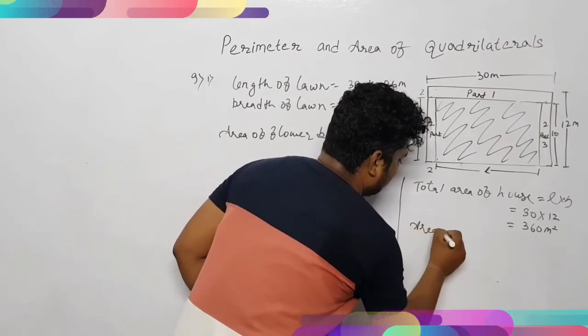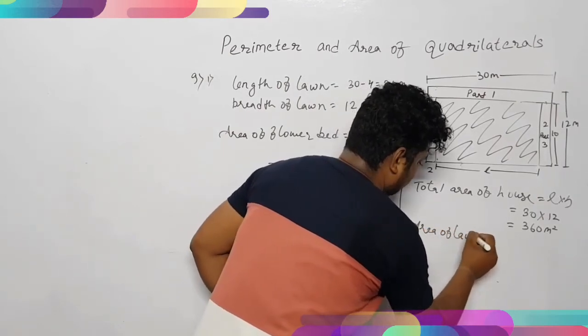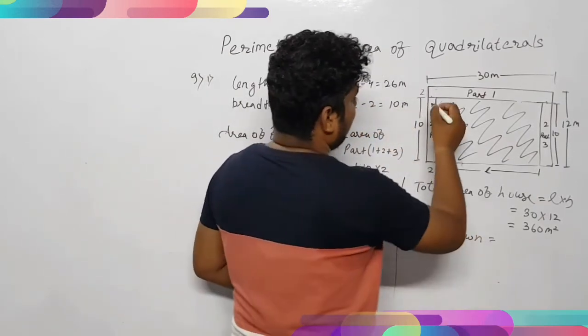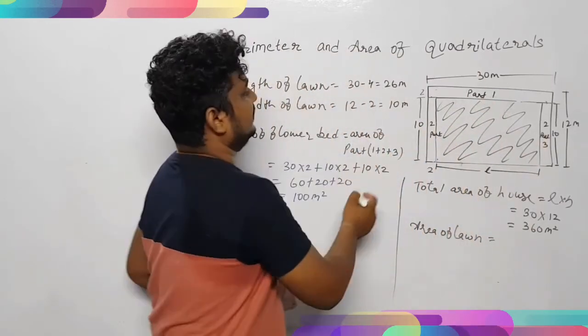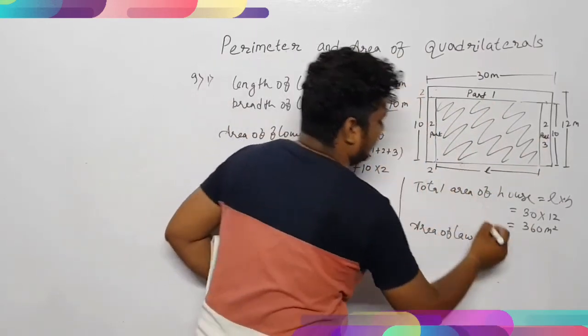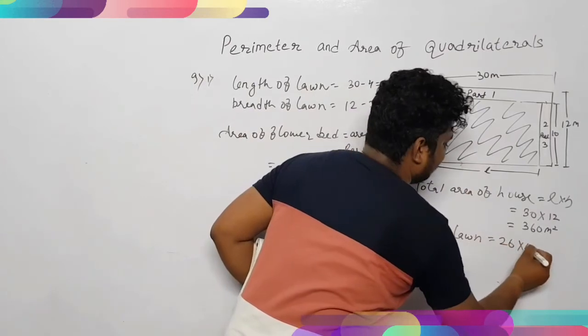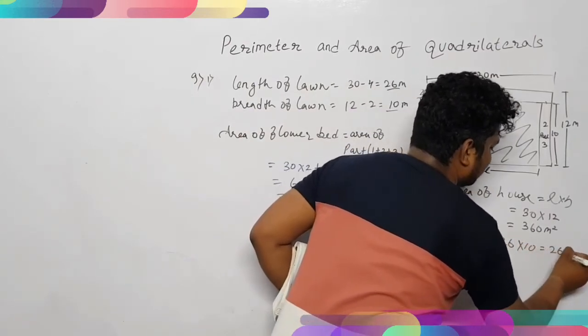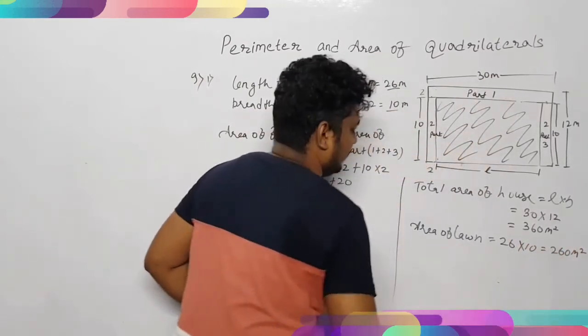Area of the lawn. We have got the length and breadth over here, so that is 26 multiplied with 10. So 260 meter square.